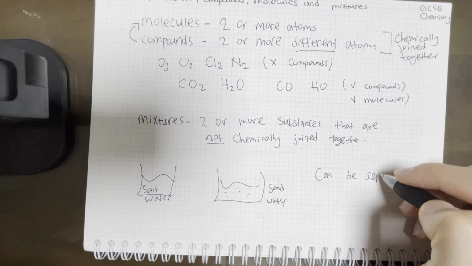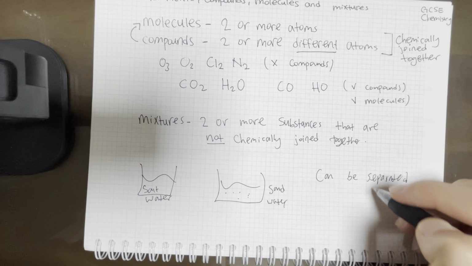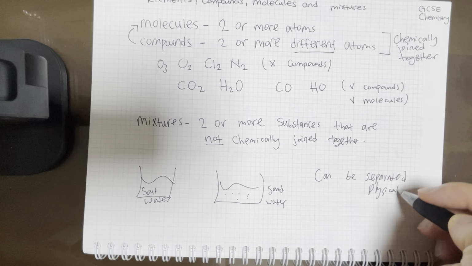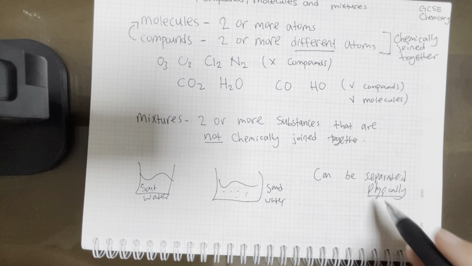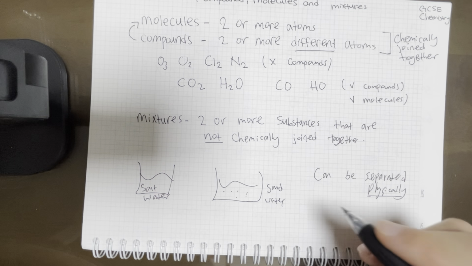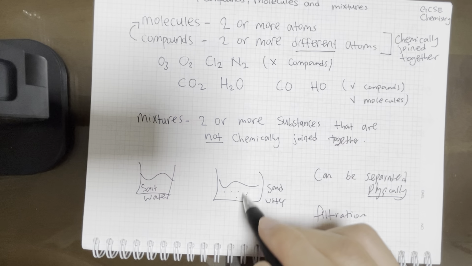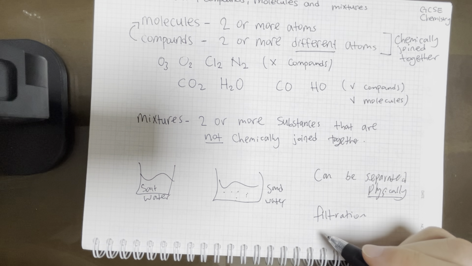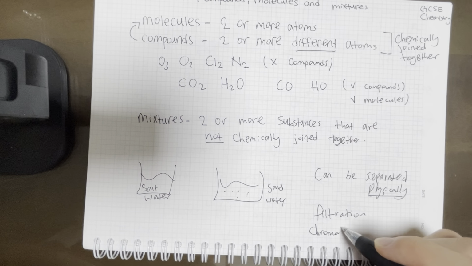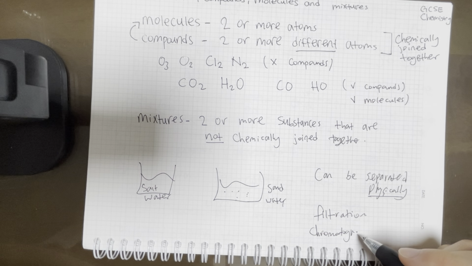Can be separated through physical means. So what does it mean by physical means? So it means like filtration. By using a filter paper, you can filter out the sand, right? Or chromatography.